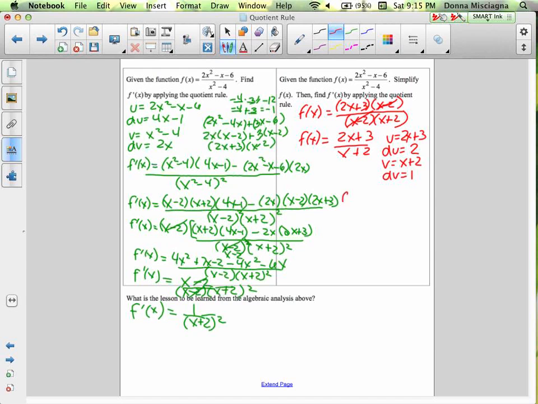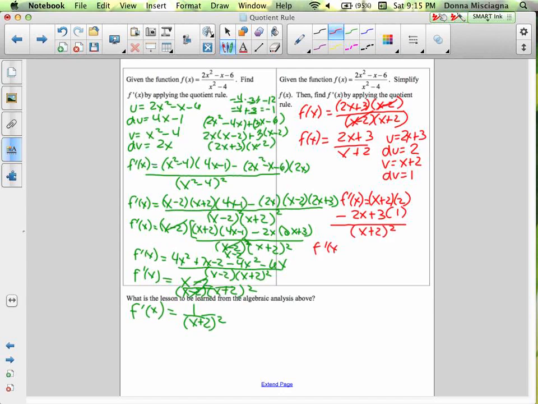All right, so f prime of x is equal to the denominator, x plus 2, times the derivative of the numerator, 2, minus the numerator, 2x plus 3, times the derivative of the denominator, which was 1, all divided by x plus 2 squared.